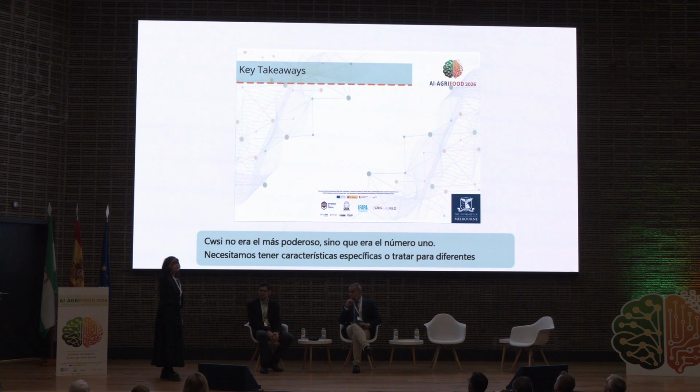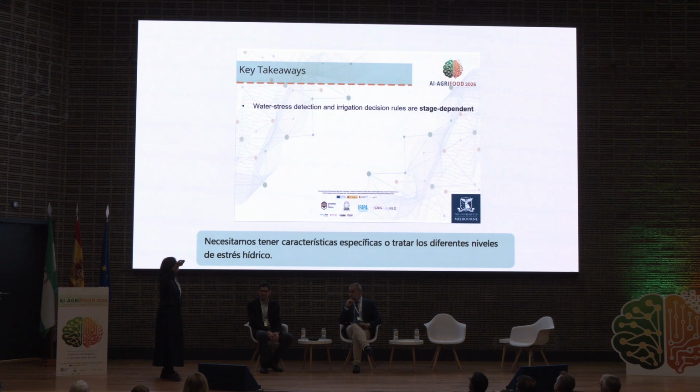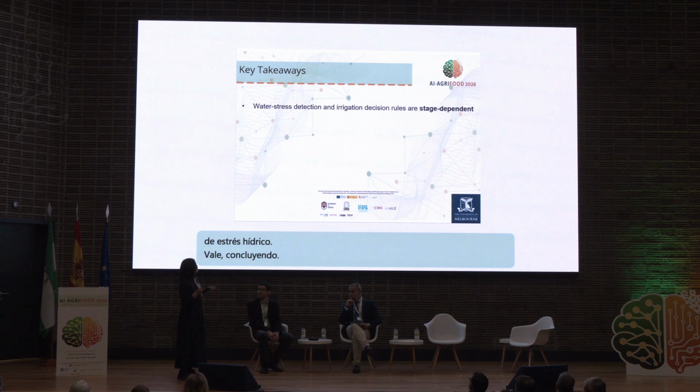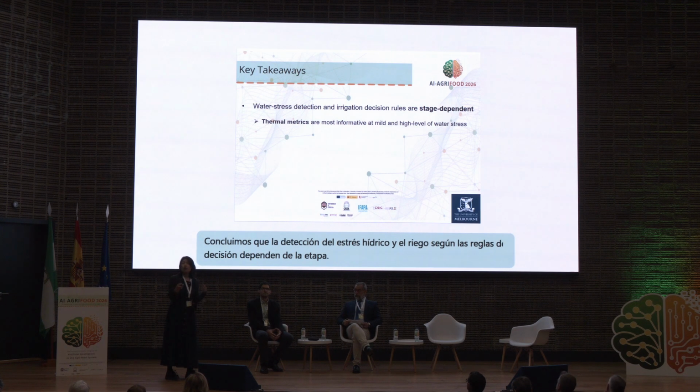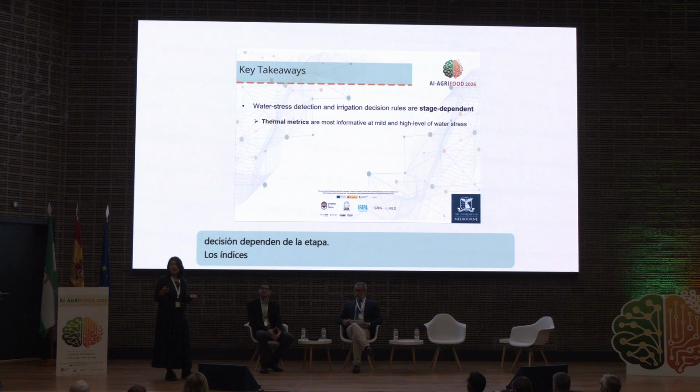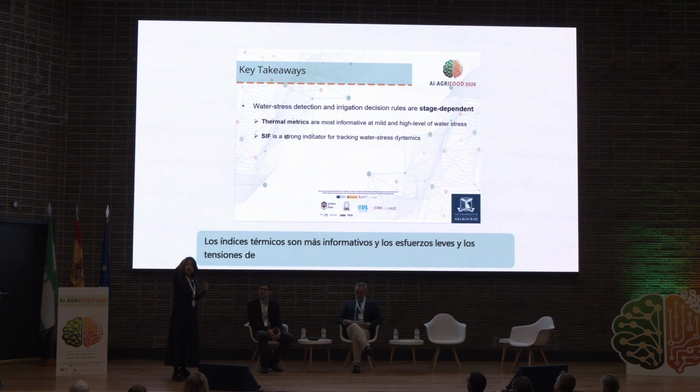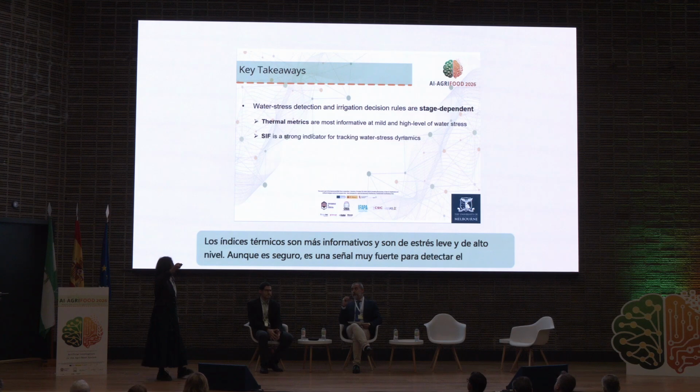Okay, conclusion. We conclude water stress detection and irrigation decision rules are stage dependent. Thermal indices are more informative at mild stress and high-level stress, while SIF is a very strong signal to detect the water stress dynamics at different stress levels.